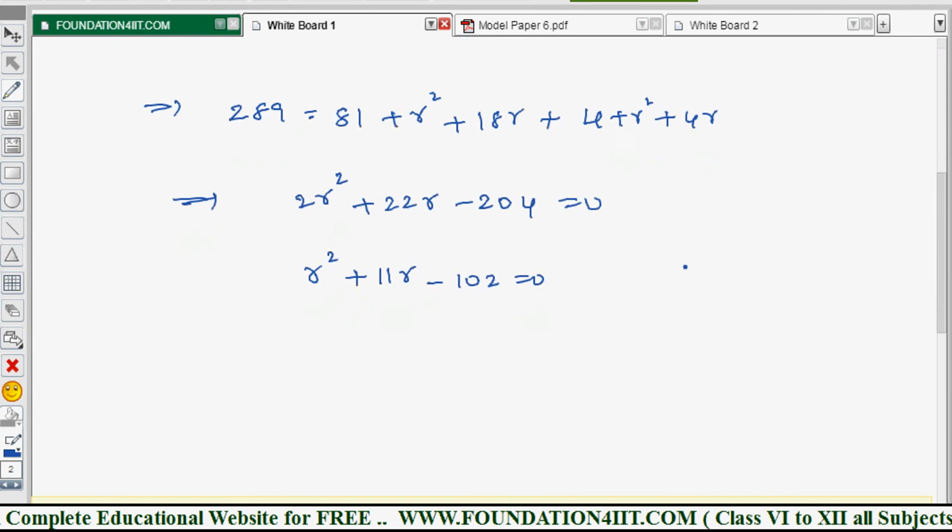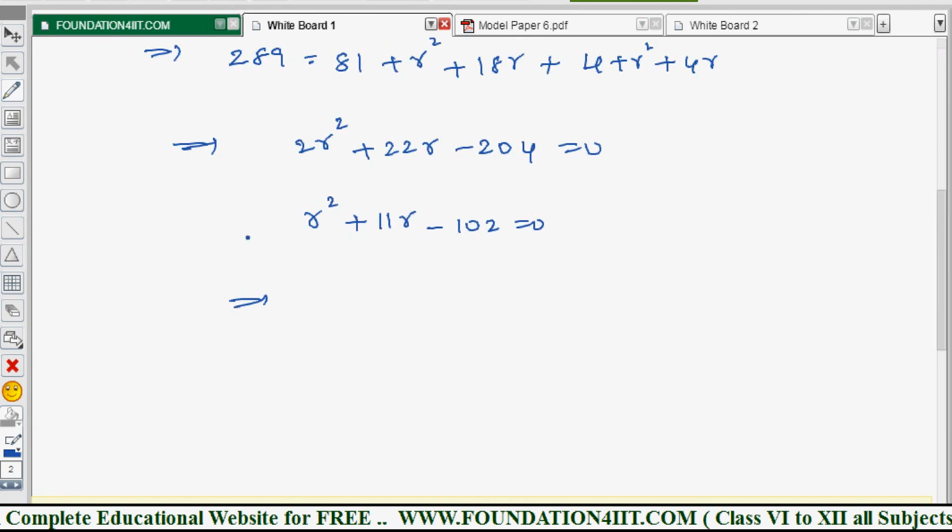Now this is the quadratic equation we will solve. Split 102 as 17 times 6, so r square plus 17r minus 6r minus 102 is equal to 0. 11r becomes 17 minus 6, and if you multiply 17 and 6 you get 102. Then take r common: r(r plus 17) minus 6(r plus 17) is equal to 0.